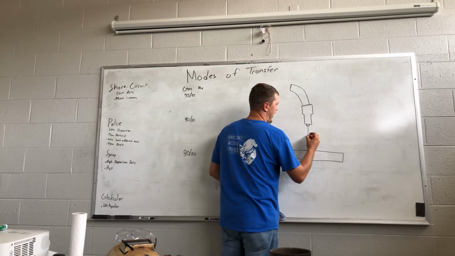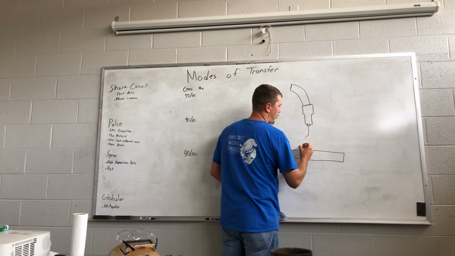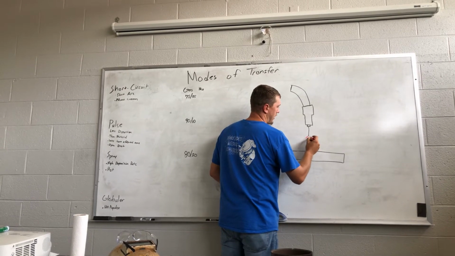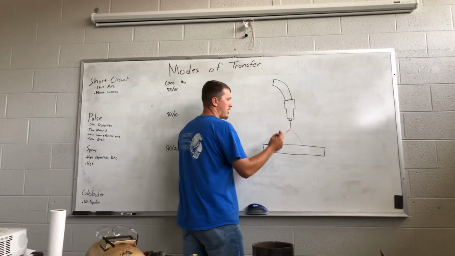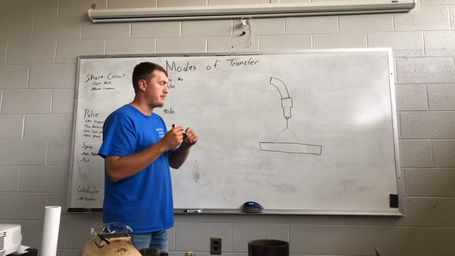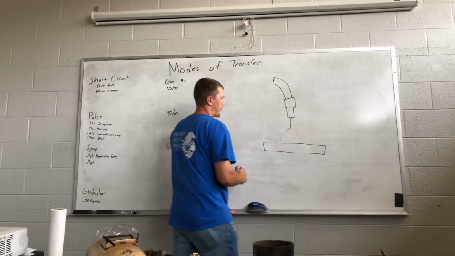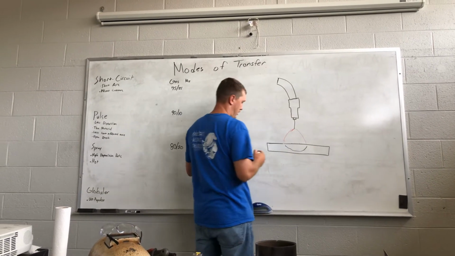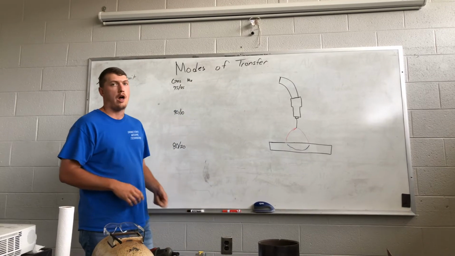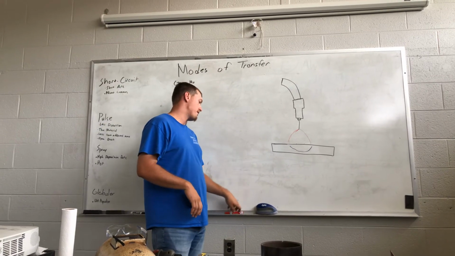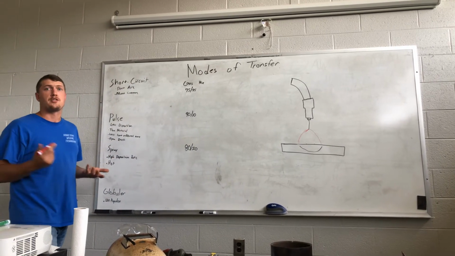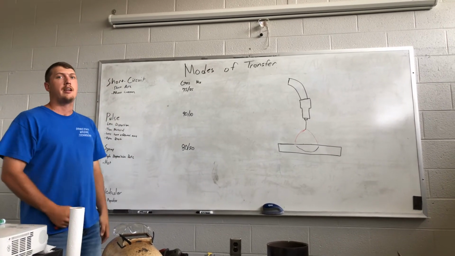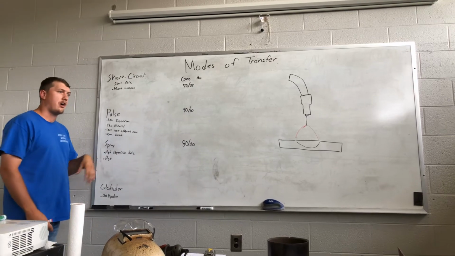The wire comes down and it's burning so hot before it even makes contact with the parent material that it creates an arc and literally sprays molten metal onto the weld. You're going to have a really big heat affected zone. We can put a whole lot of metal into a weld at once, so it has a very high deposition rate. That's what deposition means: how much weld we're depositing on a piece of metal. So we're putting a lot in there.